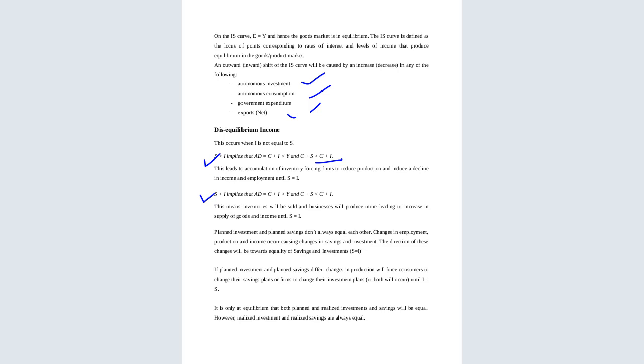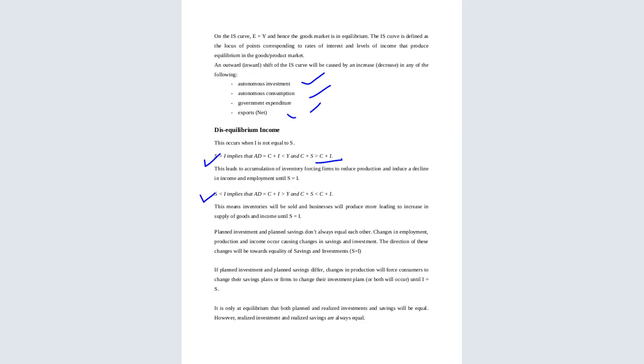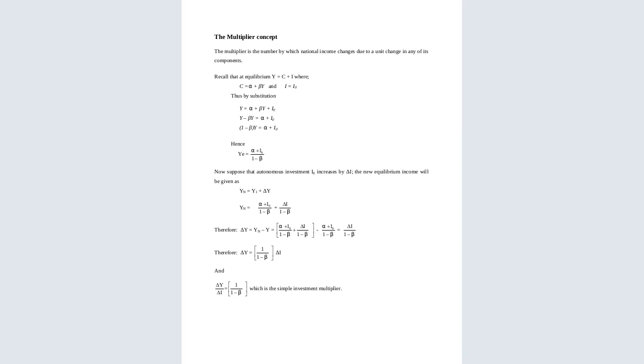So today we intend to finish what we are discussing, and we will look at the multiplier concept. I said that a multiplier is the number by which the national income changes due to a unit change in its component.